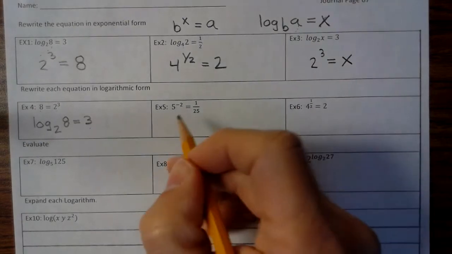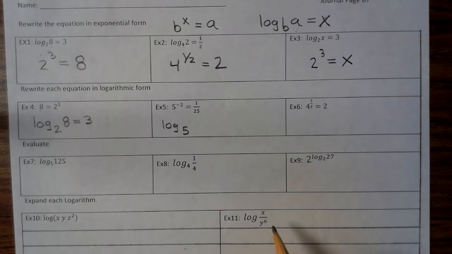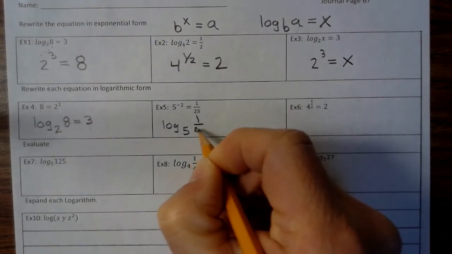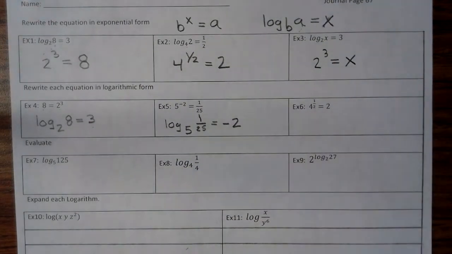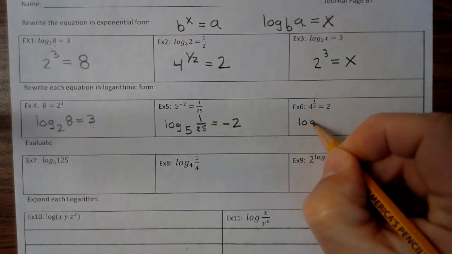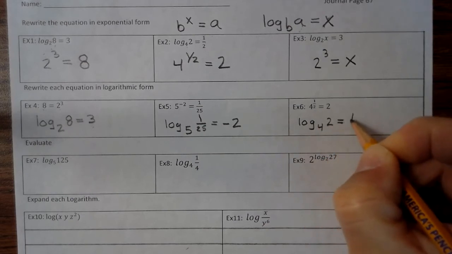So same thing here. So that's log base 5 of 1 divided by 25 equals -2. All right, last one. So that's log base 4 of 2 equals 1 divided by 2.